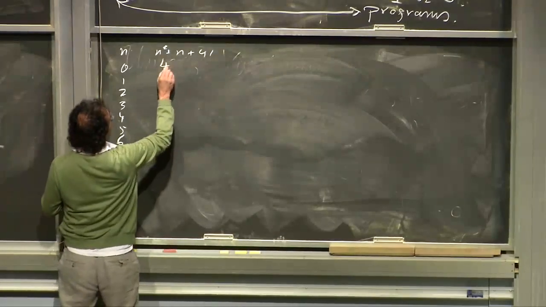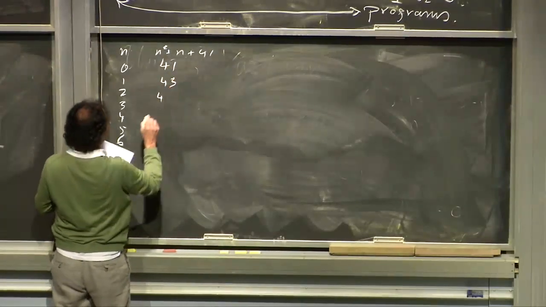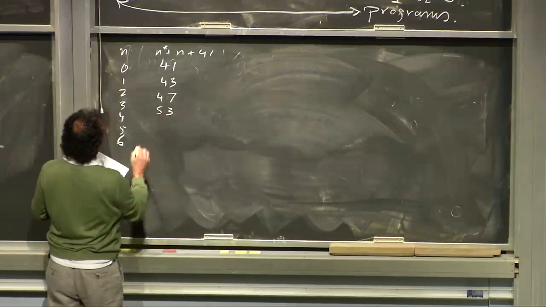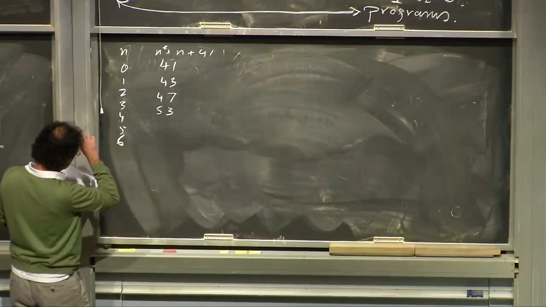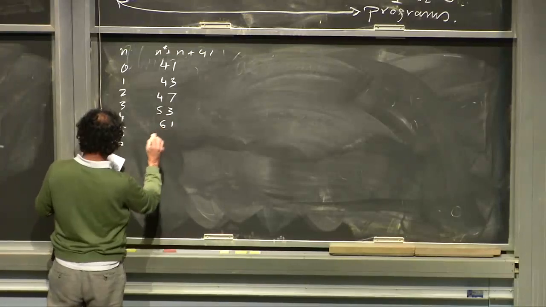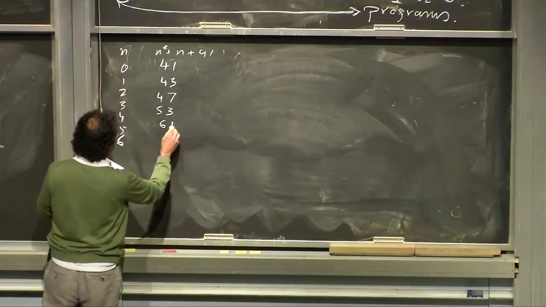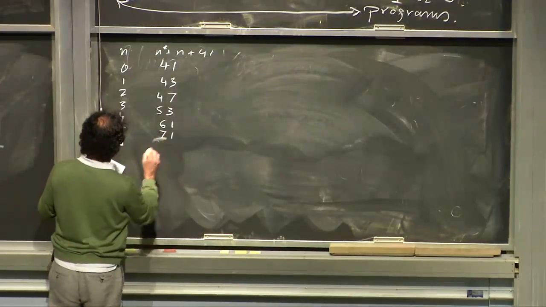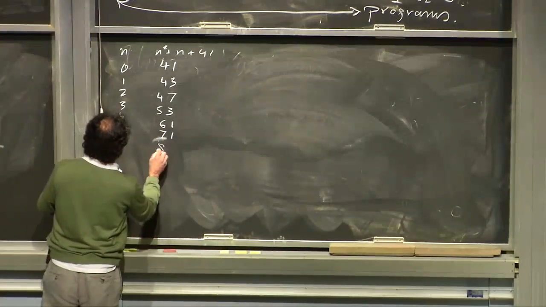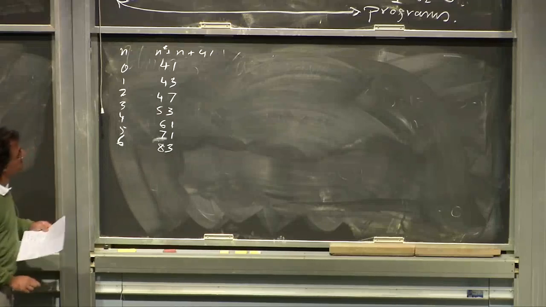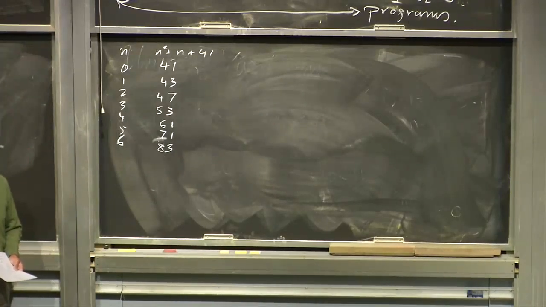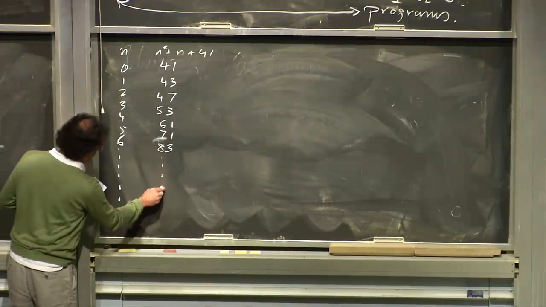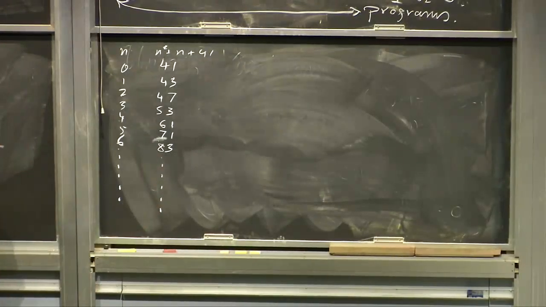It's 41, 43, 47, 53, 61, 71, 83. Turns out these are all primes. You can keep going, and you keep getting primes.